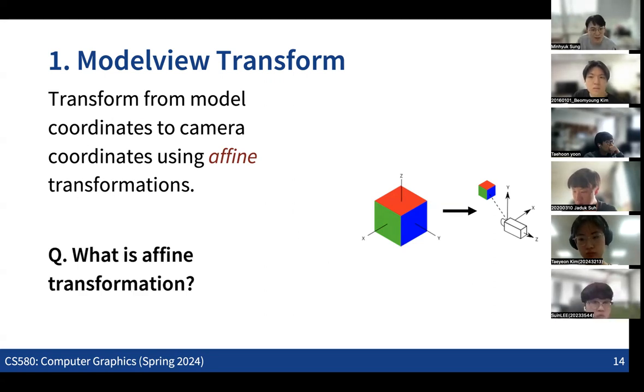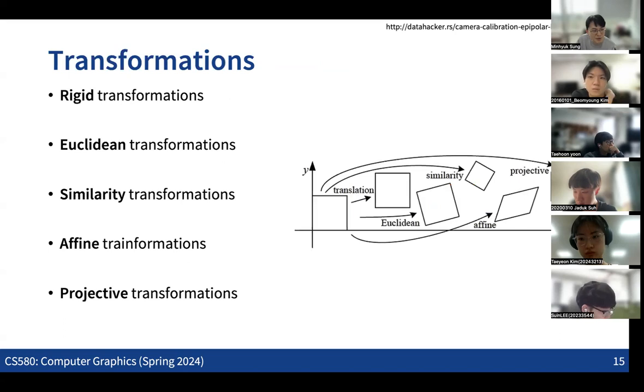There are lots of types of transformations, right? There are multiple ways of classifying them. We can think about the rigid transformation, Euclidean transformation, the similarity transformation, affine transformations, and the projective transformations. Can you classify these, and what are the differences between these transformations?